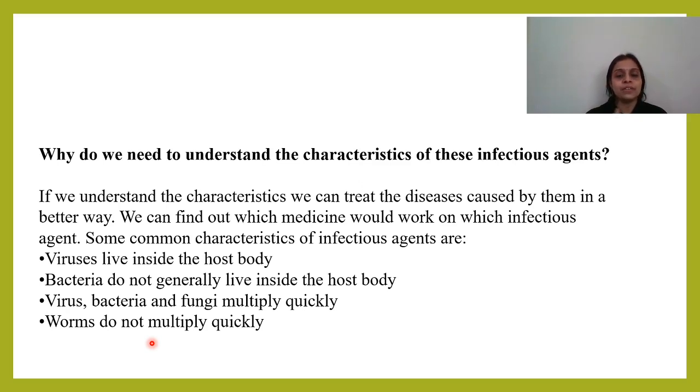Bacteria do not generally live inside the host body and do not use our mechanism, whereas virus uses our own mechanism so that it can start giving us infections. Virus, bacteria and fungi multiply very quickly, and worms do not multiply very quickly. These are the important characteristics.